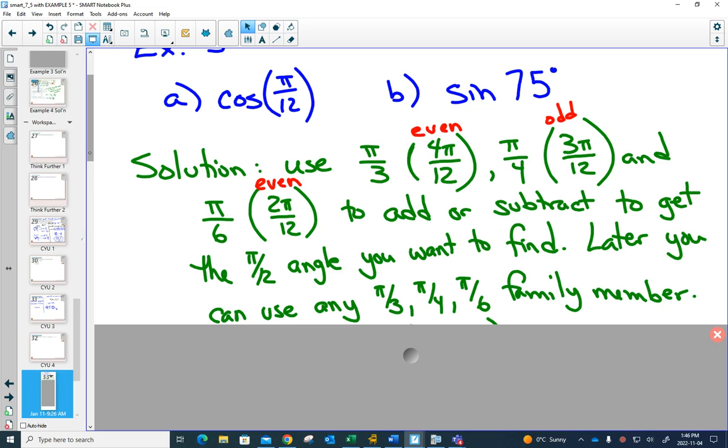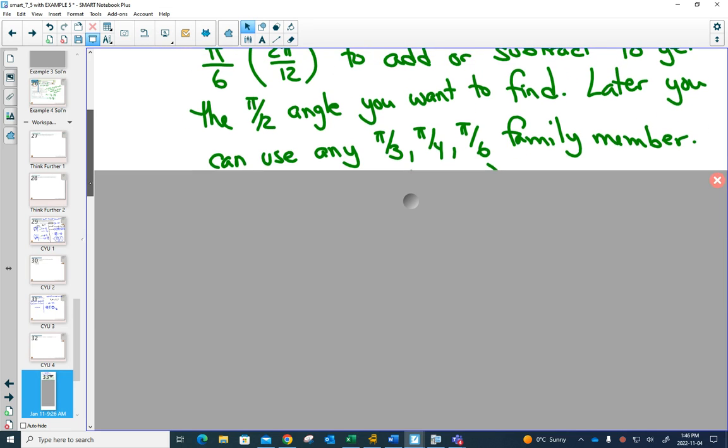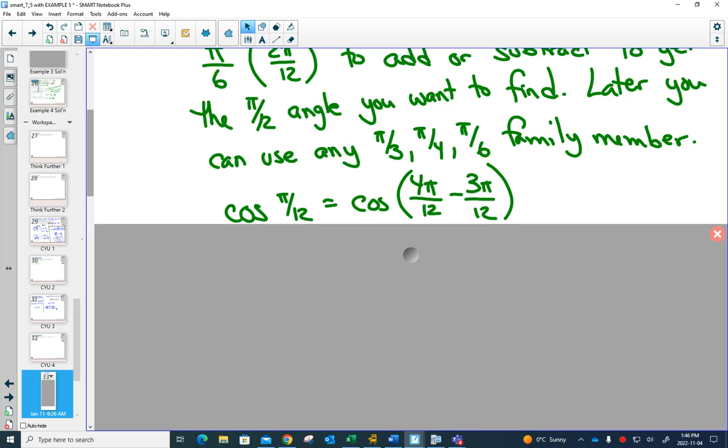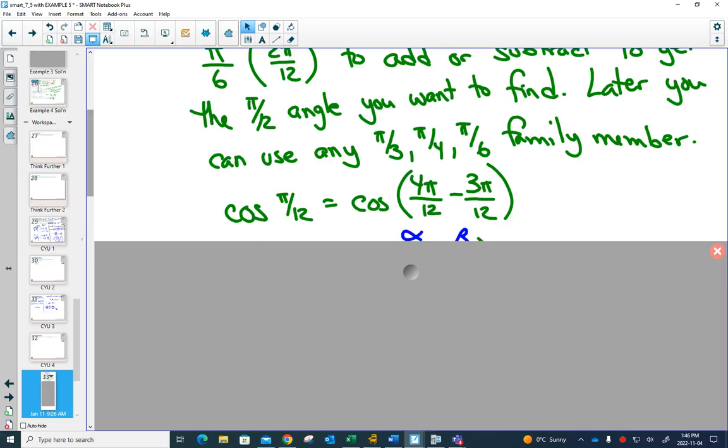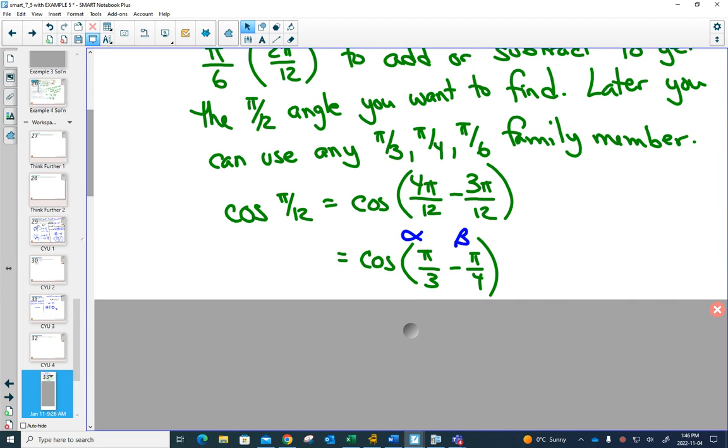So what we have when we're figuring out a cos of pi over 12 is we could say, well, cos of pi over 12 is just 4 pi over 12 minus 3 pi over 12. But by writing it this way, we have our alpha minus beta formula.